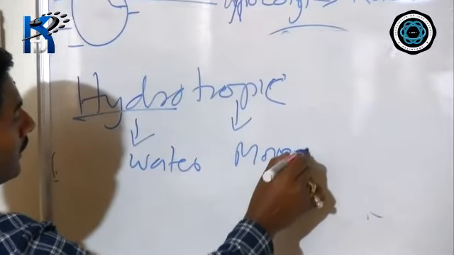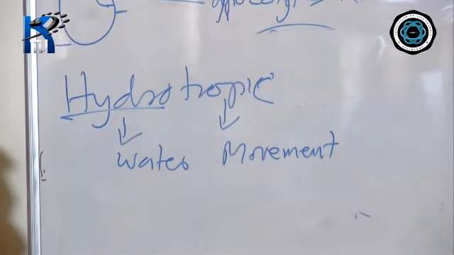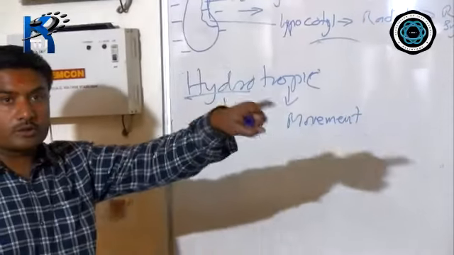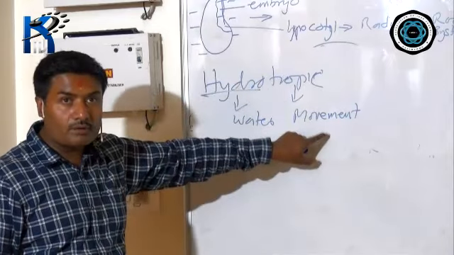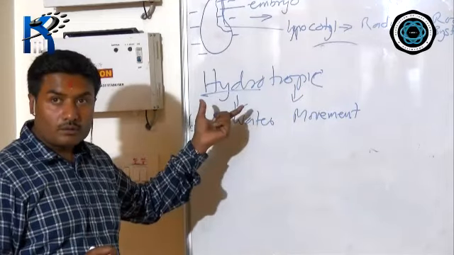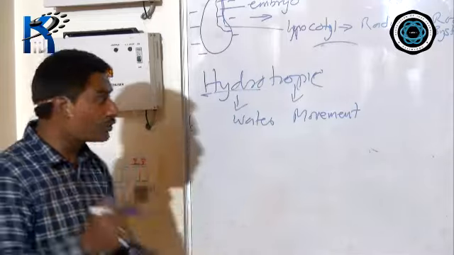That means the part of the plant that moves towards the source of water. Which part of the plant? The root moves towards the source of water. That is why you call it hydrotropic. Movement of a part of the plant towards water is called hydrotropism. So roots are always hydrotropic.